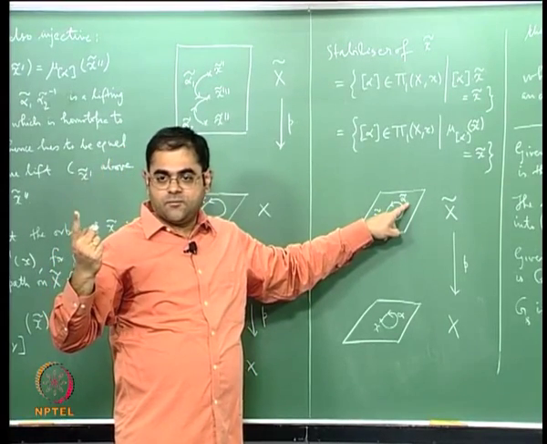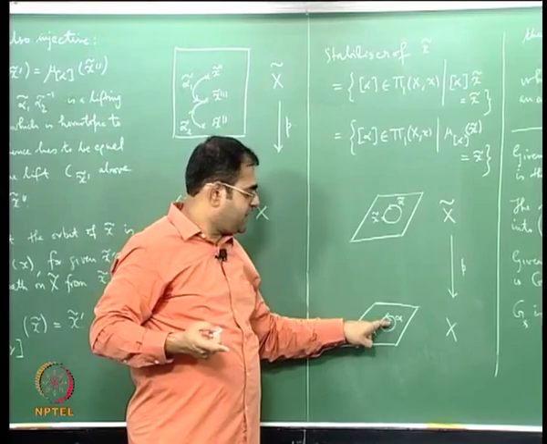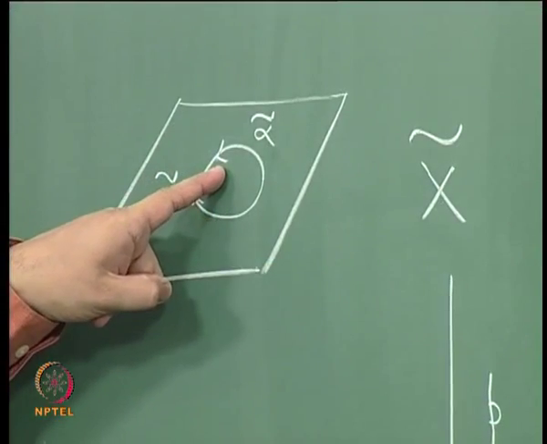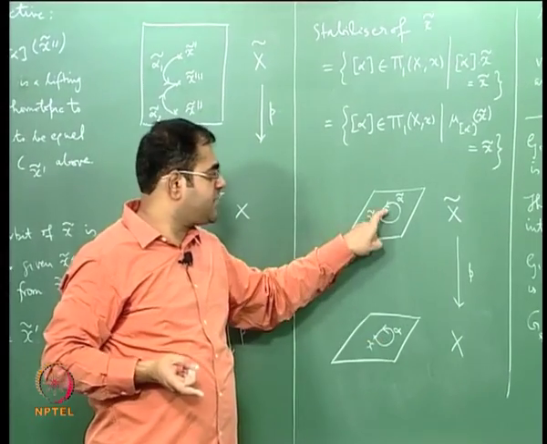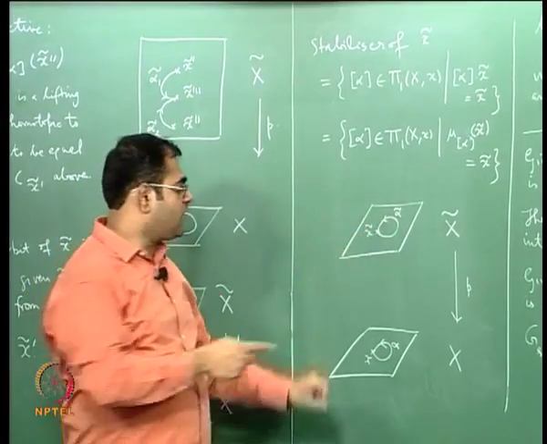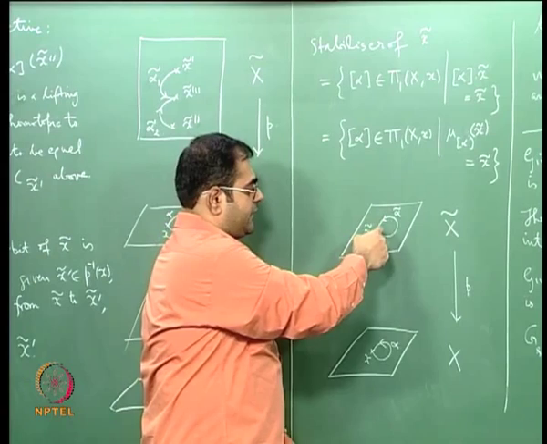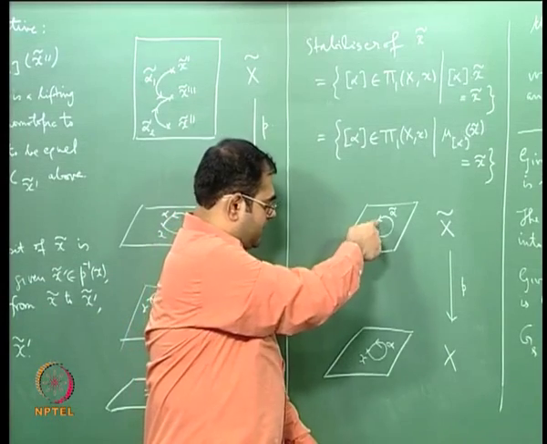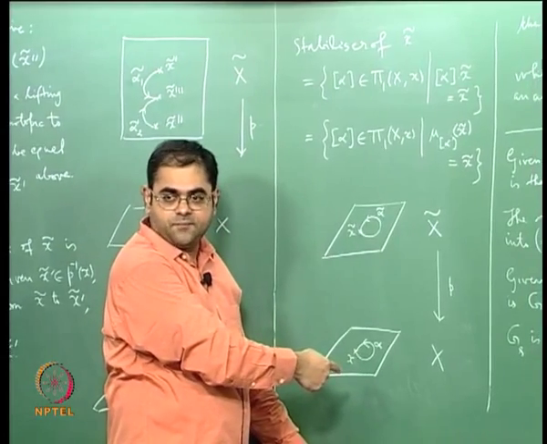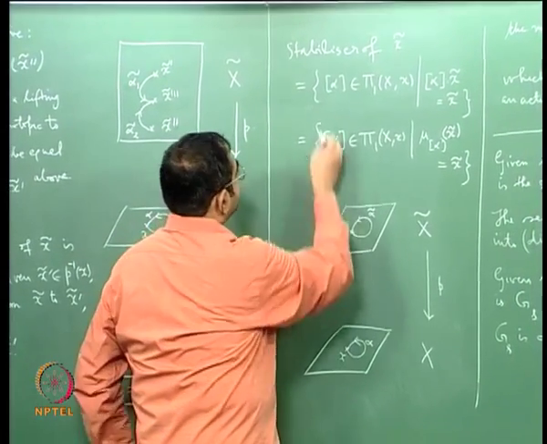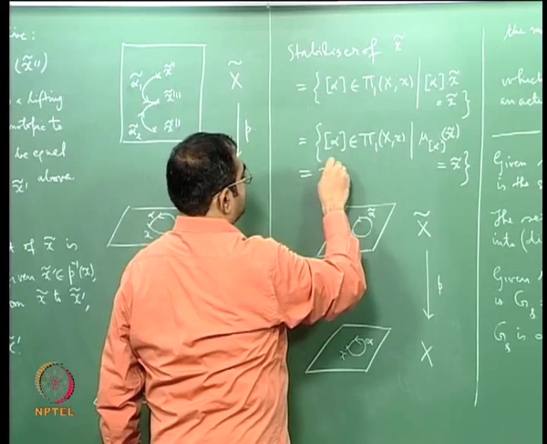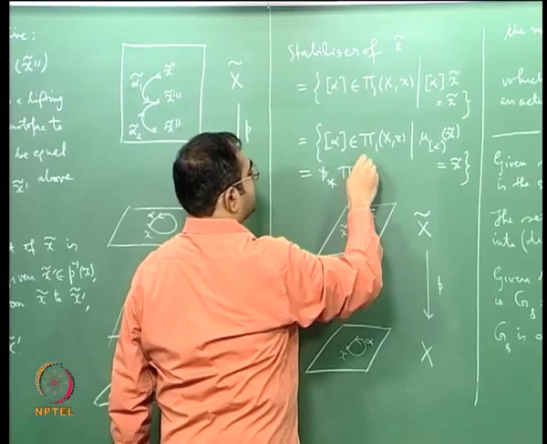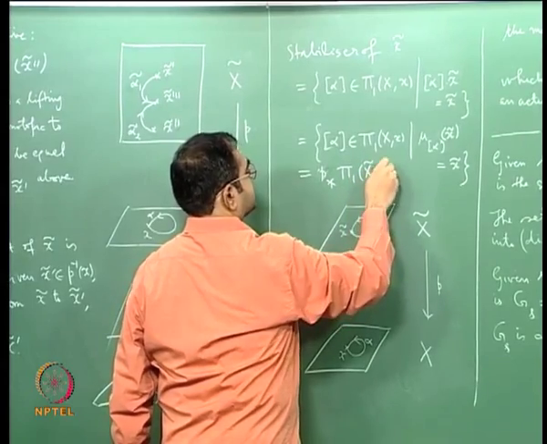So what you have proved is that anything in the stabilizer comes from a loop above, which means you have shown that the stabilizer is precisely the image of the fundamental group above. Of course, conversely, any loop above is obviously going to be in the stabilizer, okay. So you can see that this is just p lower star of pi 1 of capital X tilde, small x tilde, okay.